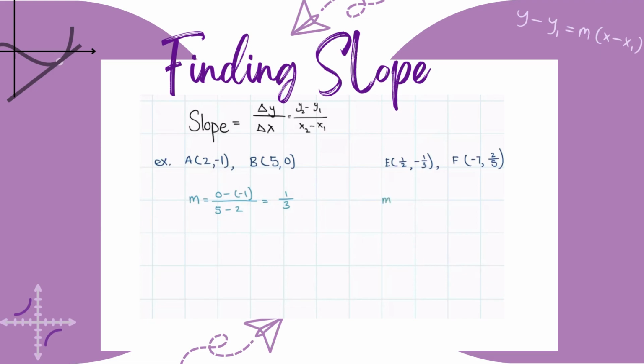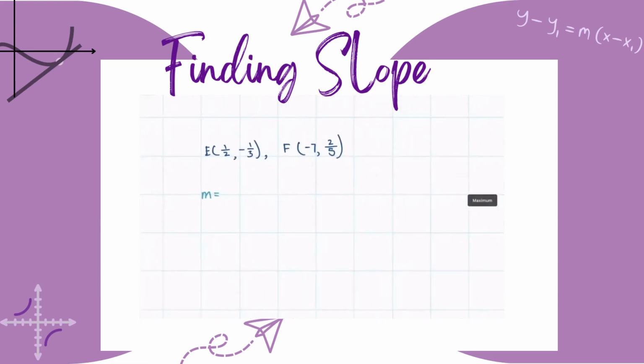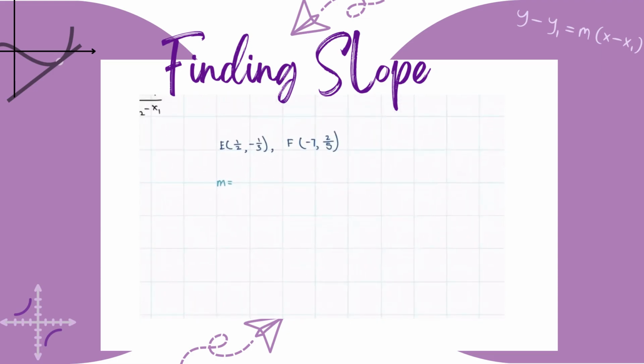So I would have m equals y2 minus y1 over, in other words, divided by, x2 minus x1. And from here, because we're dealing with fractions, we need to get the common denominator. For the y's, the common denominator would be 15.